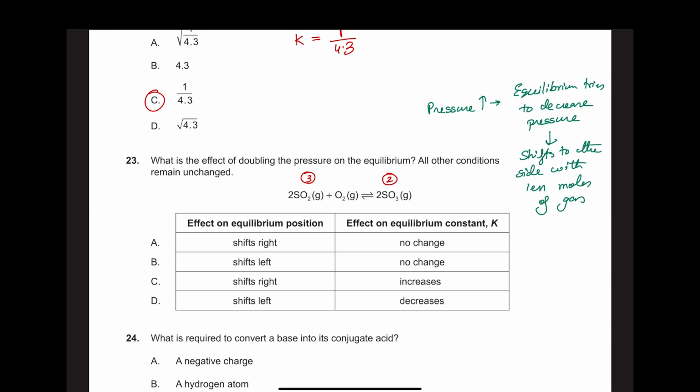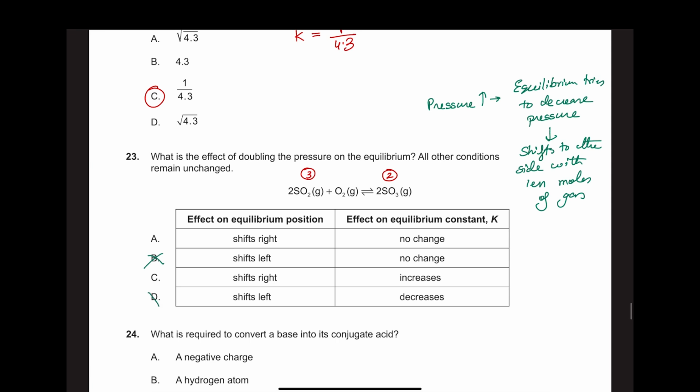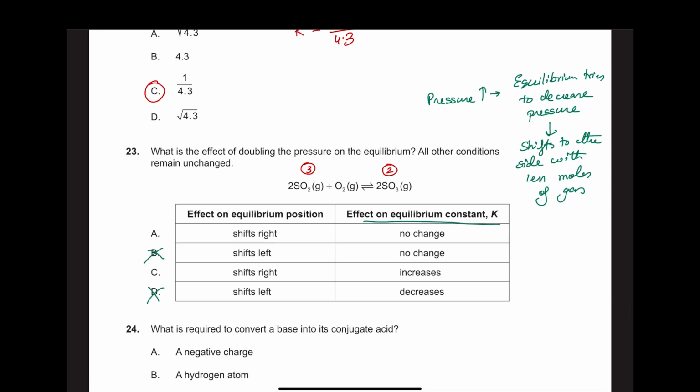So equilibrium will shift to the product side, or to the right. So either answer will be A or C. As for the equilibrium constant K, there will be no change because the equilibrium constant only changes with temperature. We are not changing temperature here, so the equilibrium constant remains unchanged.